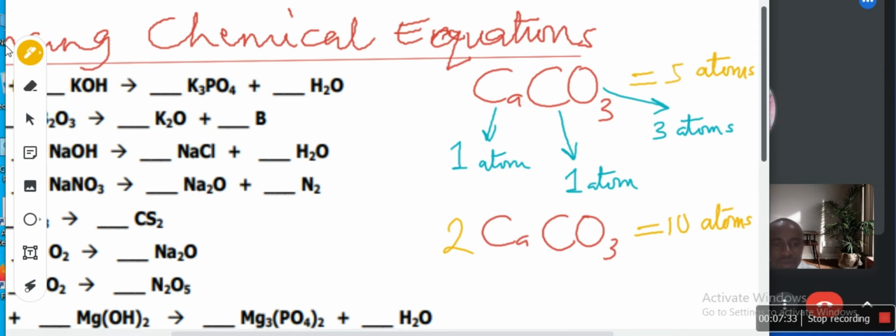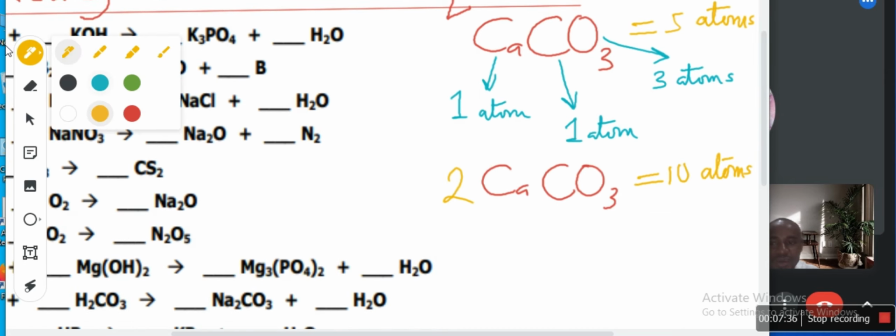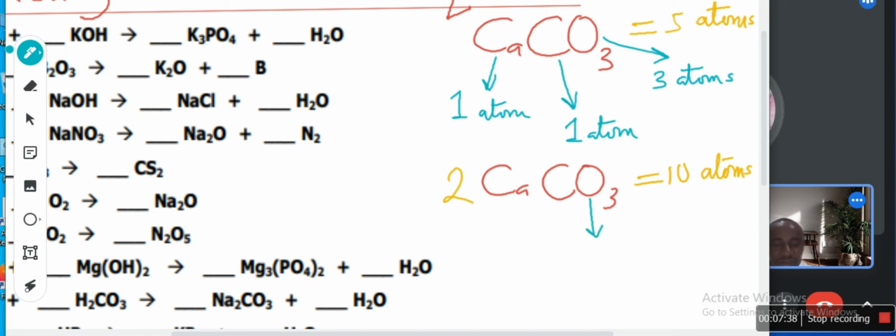Now let's write the number of atoms in each case. How many atoms do you have in oxygen? 3. Remember, you already have 3. So each number will be multiplied by this yellow number outside. We multiply by the number written in yellow. Are you still listening to me?